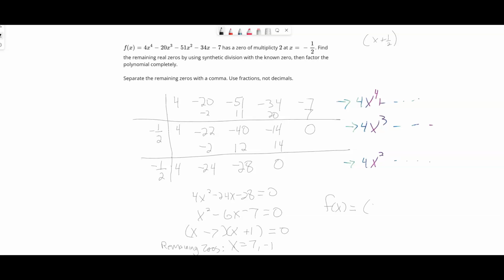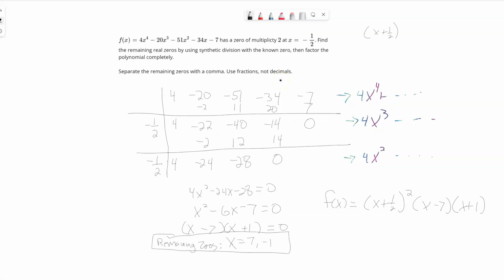We factored out the x plus 1/2 factor twice by dividing by negative 1/2 twice, and we were left with the x minus 7 and the x plus 1. The last thing we need to check for is that our initial function, f of x equals 4x to the 4th, is equivalent to our final answer in factored form.